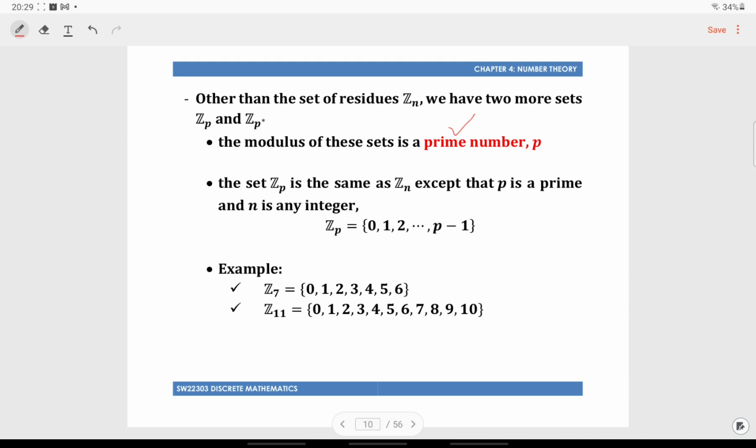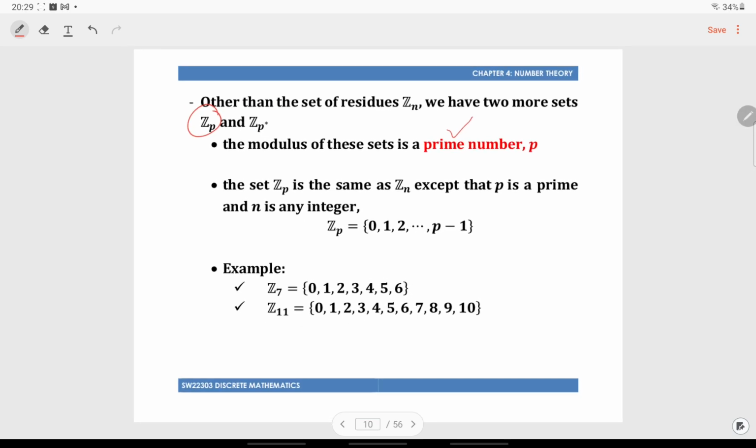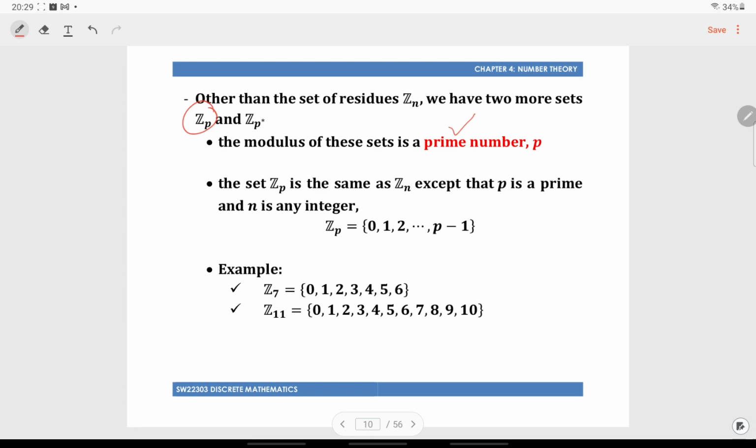So when we replace n with p, where p is a prime number, we have Zp. The entries for Zp, just like Zn, go from 0 up to p minus 1. The only difference is that p this time is restricted to be a prime number, where n can be any natural number. It can be prime or composite, it doesn't matter.